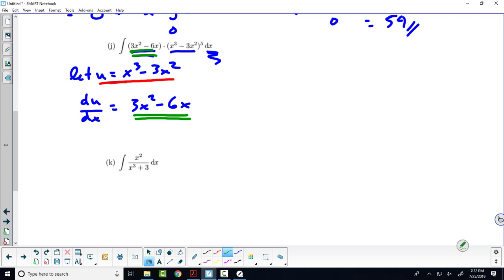Okay? Now, we're now going to do a little bit of manipulation symbolically, even though it's not really meaningful. I'm going to go ahead and multiply both sides of this equation right here by a differential x. Okay, let's do that. That gives me du is equal to 3x squared minus 6x differential x.